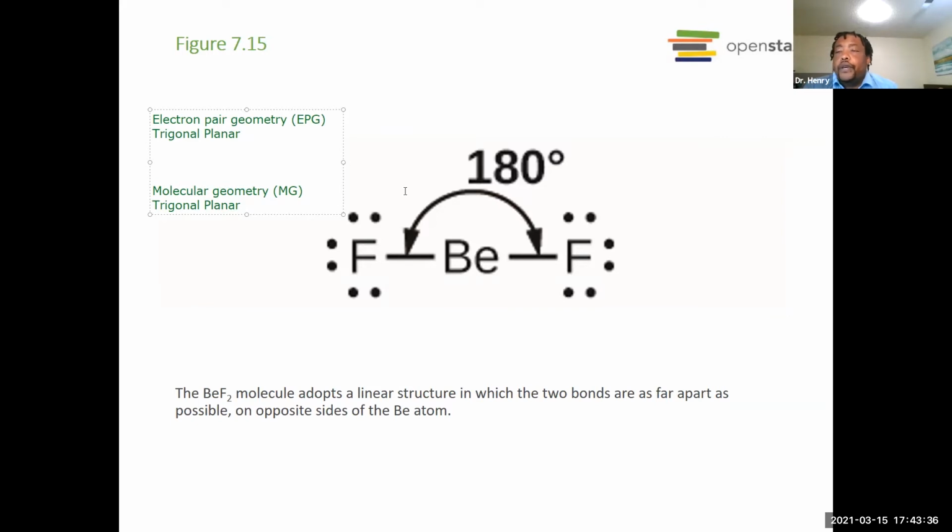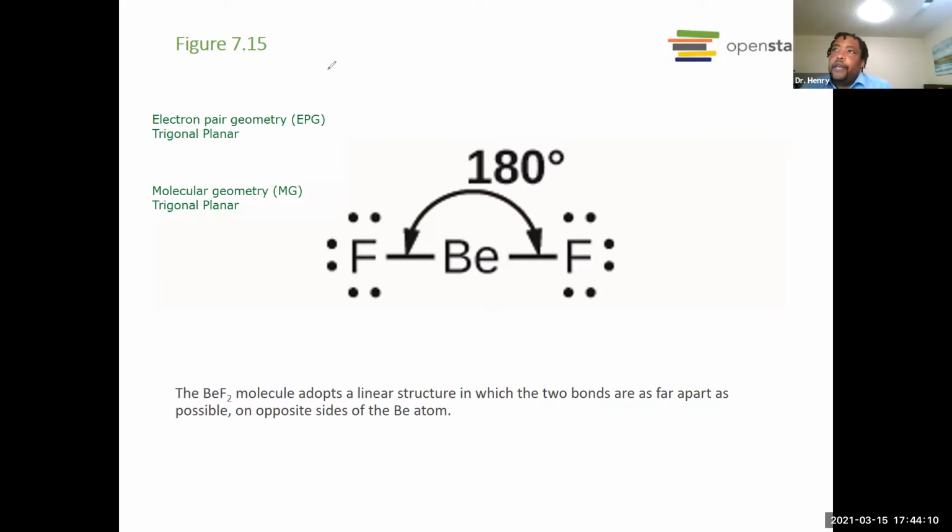Okay, so this guy, we have our center atom is beryllium. We have fluorine on both sides. Now the fluorines have the same number of electron pairs, so they're not going to affect the other one as much because it's going to have the same effect on both parts, so it's going to keep that linear structure. So you're not going to have a bent or anything like that as a result, because there's the same atom on both sides.